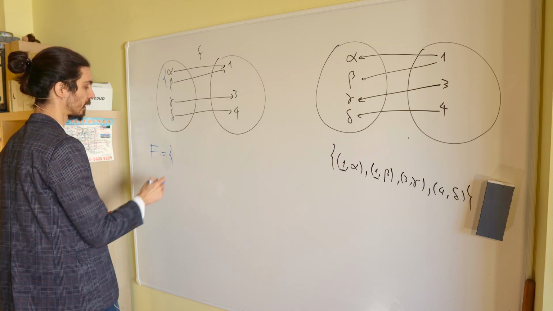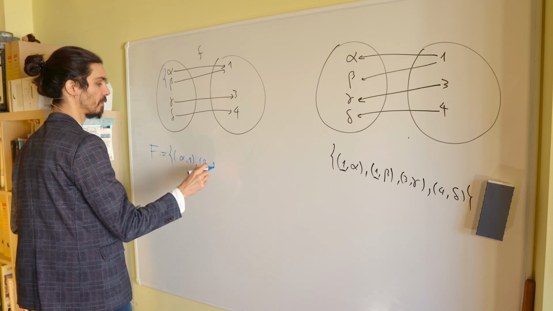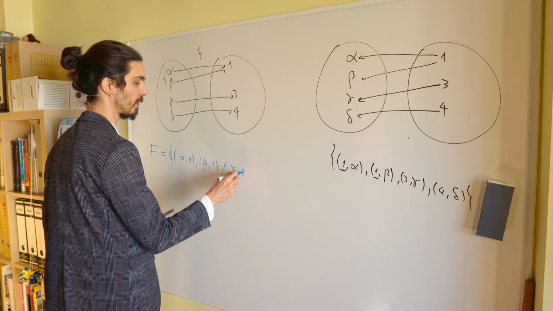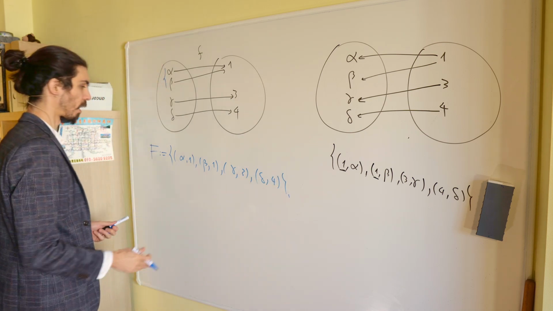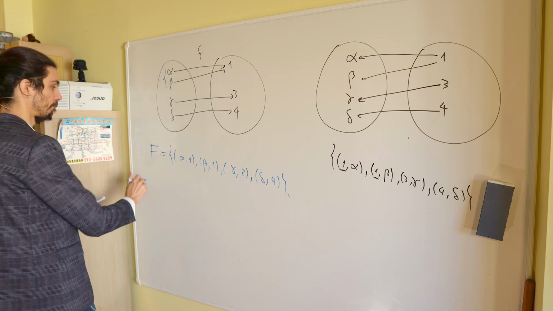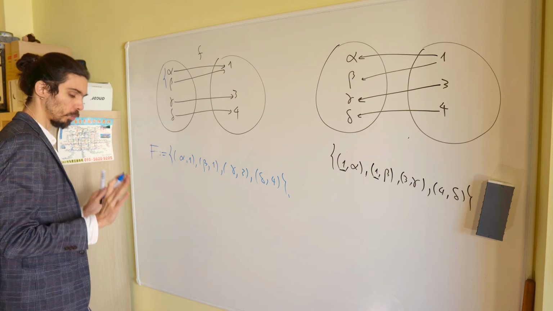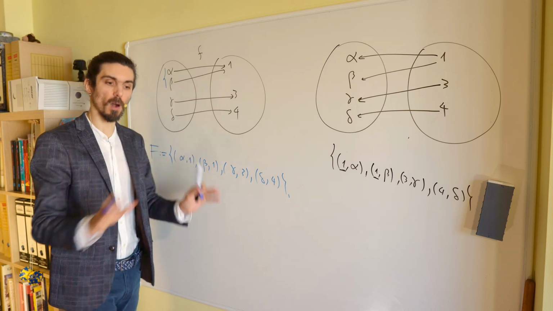Our f function is defined by the following ordered pairs that we have here. So gamma 3 and delta 4. Well, it is not 1-to-1.